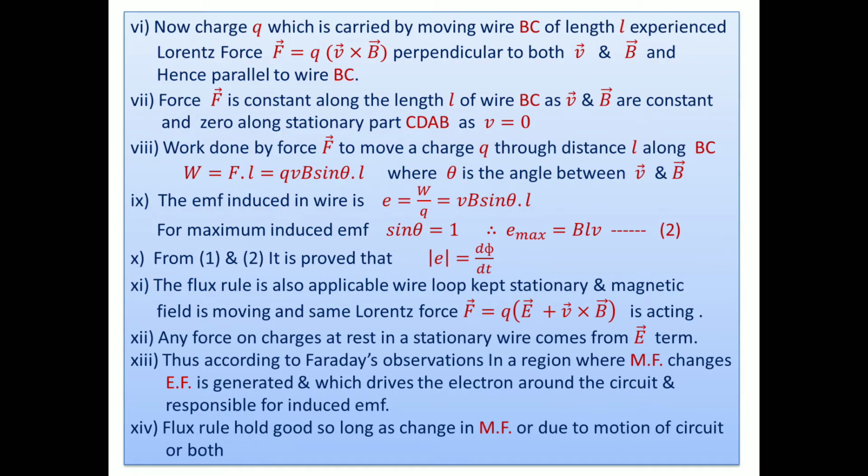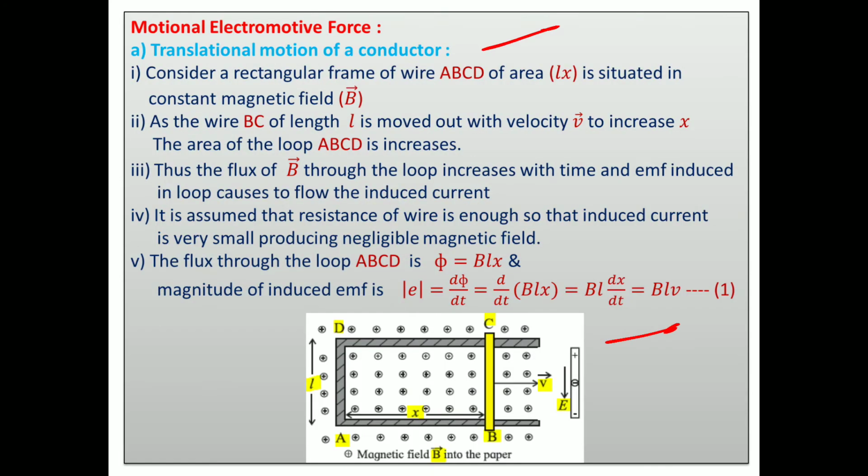This Lorentz force is F equals Q vector V cross B, perpendicular to both V and B. Look here in this figure, the magnetic field is into the paper, meaning inward direction, and velocity is towards the right. Then the current is set up along the wire BC, or simply parallel to the wire BC.